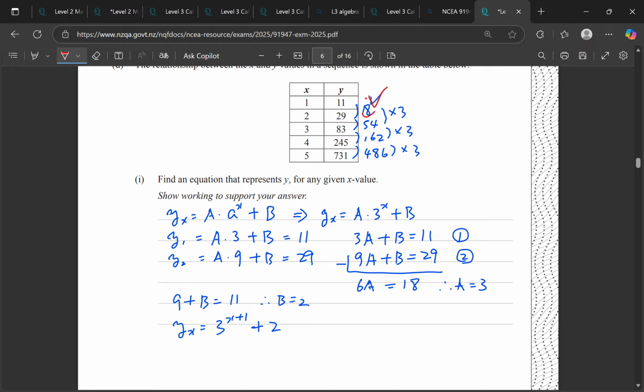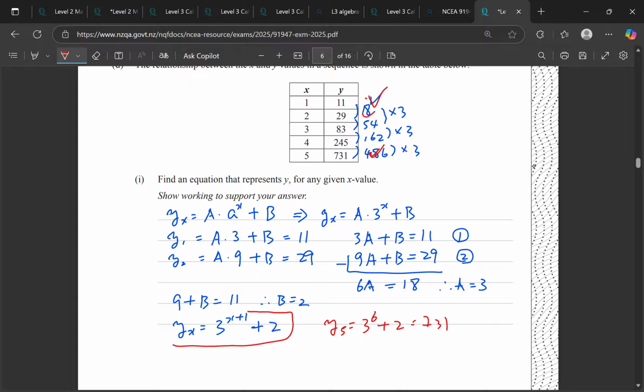And let's jump to the fifth. So if I go y of 5, 3 to the power of 6 plus 2, isn't it? Because 3 to the power of 4 is 81, I'm just going to go through this. Yes, it is 731. So it works. Okay, so that is the equation.